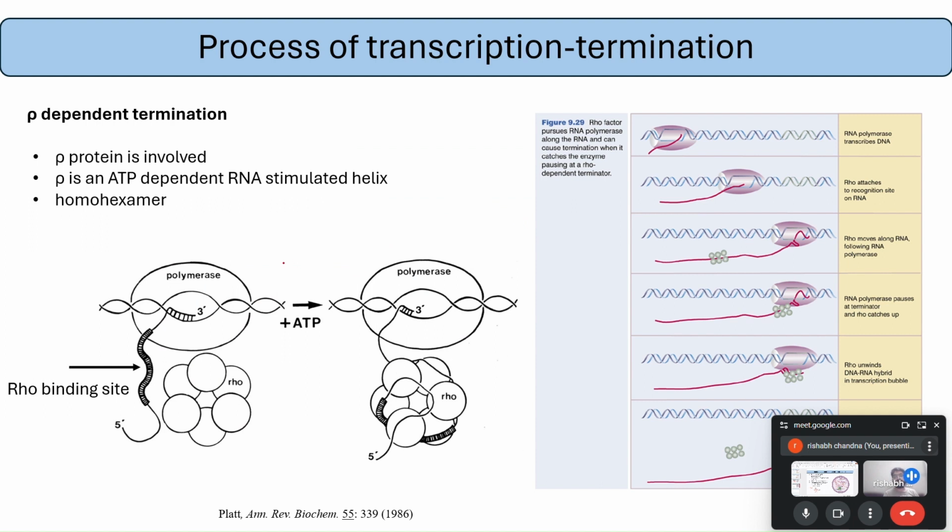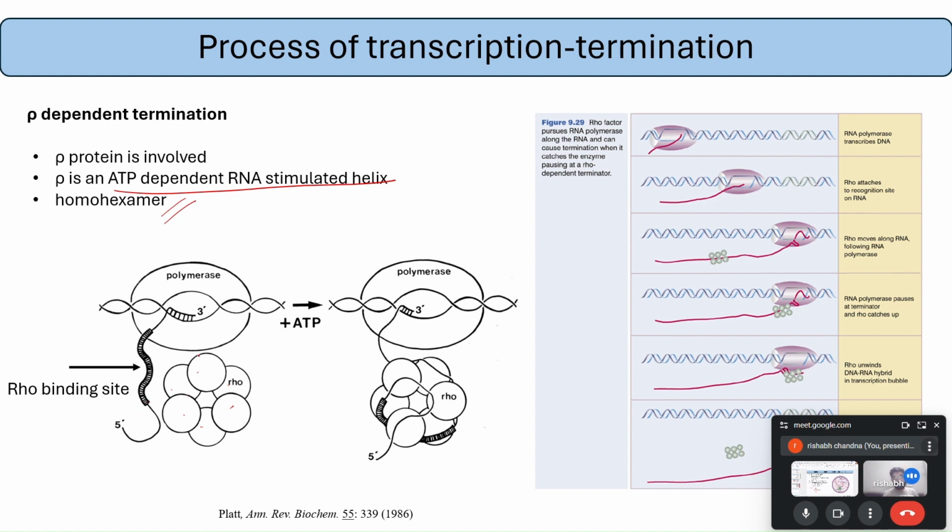That is basically an ATP dependent RNA stimulated helicase protein, and it is a homohexamer. As you can see in this figure, the rho protein has six subunits of the same size, and we have a rho binding site on the RNA itself.